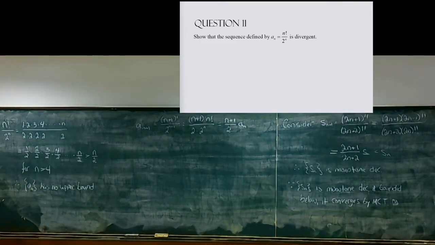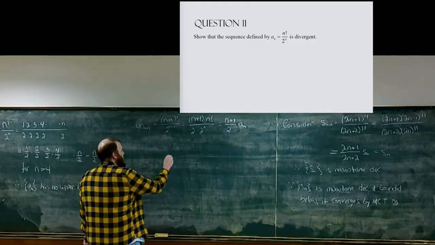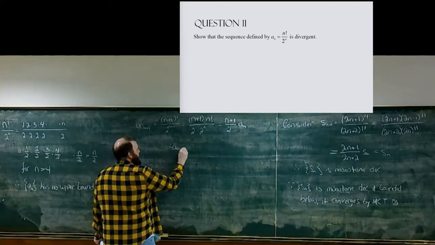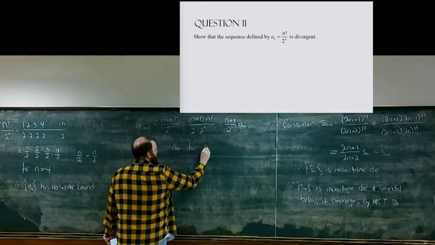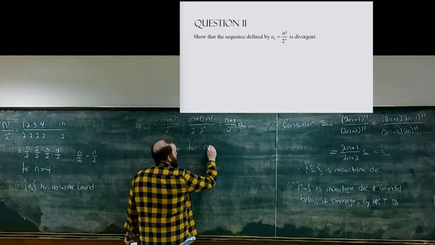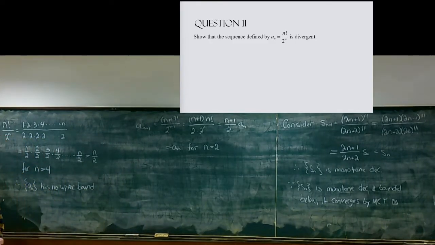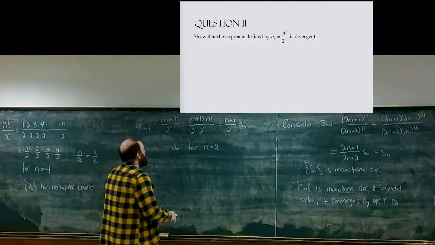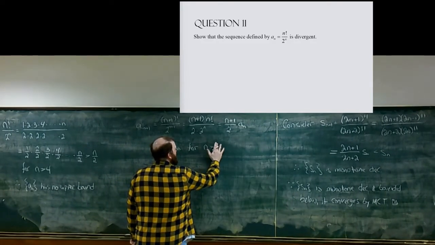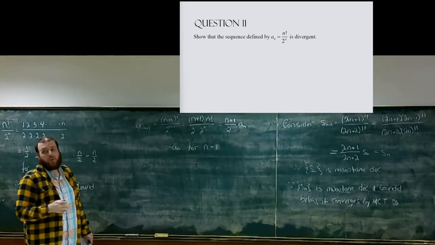So we have n plus 1 over 2 times a sub n, which is larger than a sub n, whenever n is greater than 1.